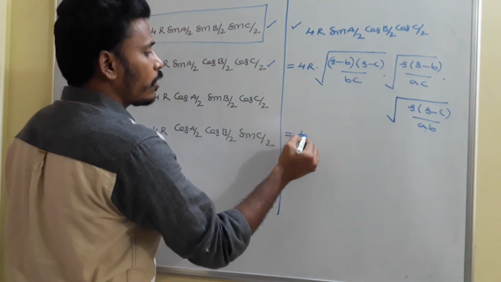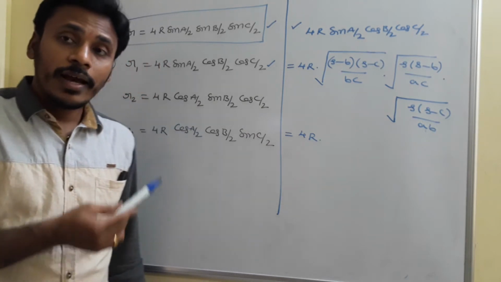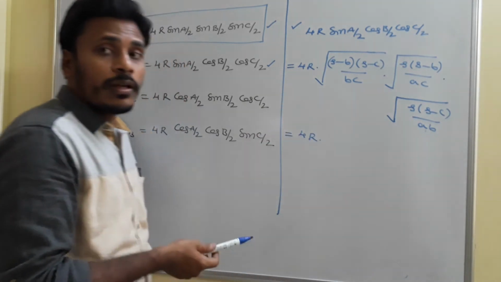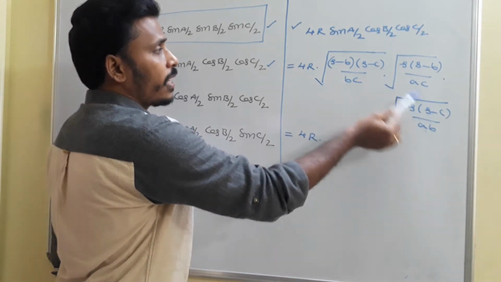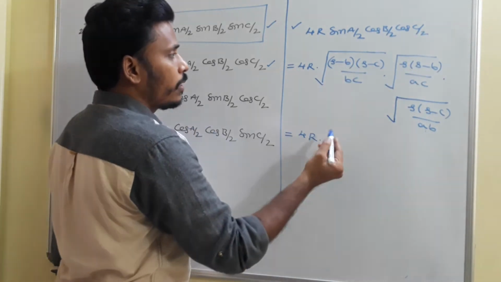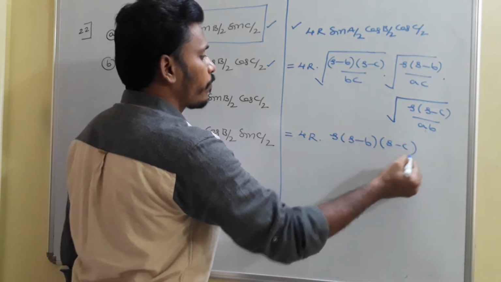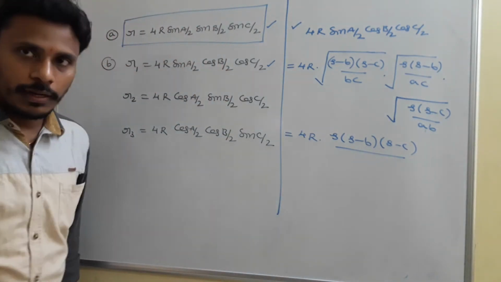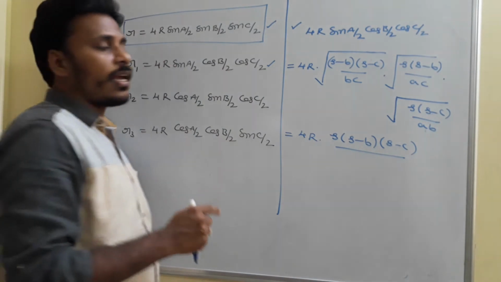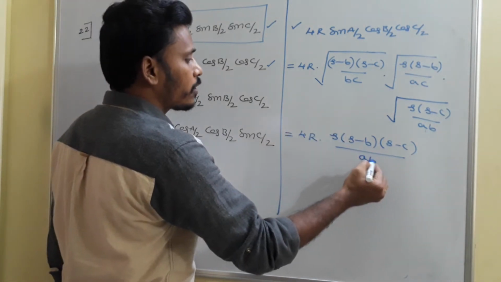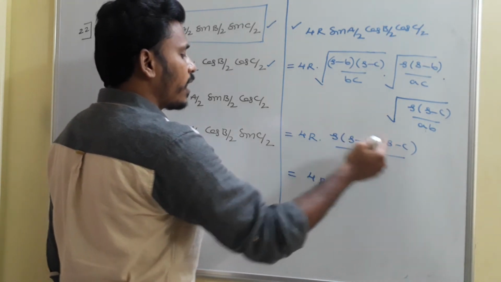In the next step, this is equal to 4R into, in the numerator under the square root, everything is there 2 times: s and s, s minus c, s minus c, s minus b, s minus b. So the numerator is simply s(s minus b)(s minus c). Now coming to the denominator: a, b, b, c, c, a, that is a square, b square, c square, so that is abc. So that is equal to 4R into s(s minus b)(s minus c).